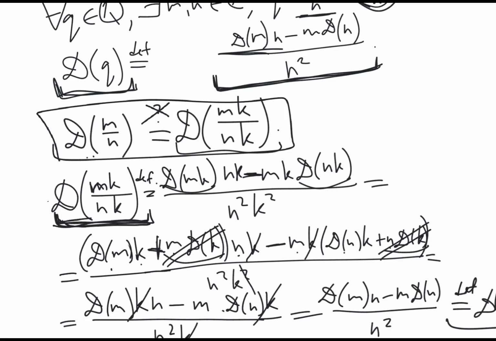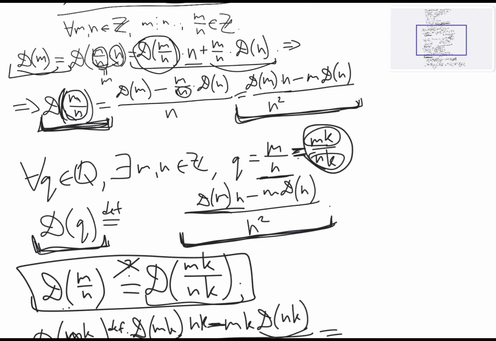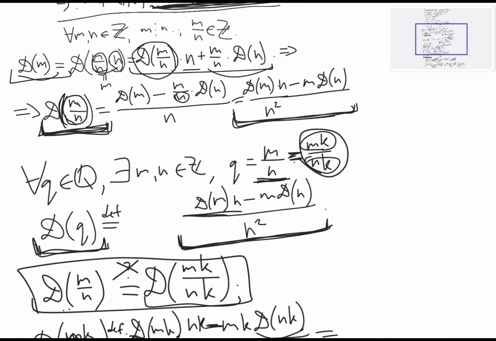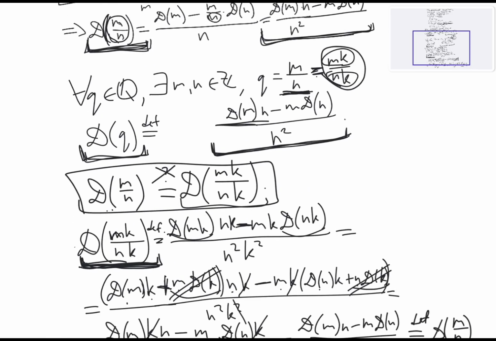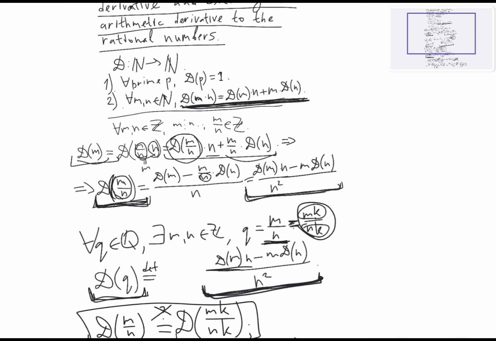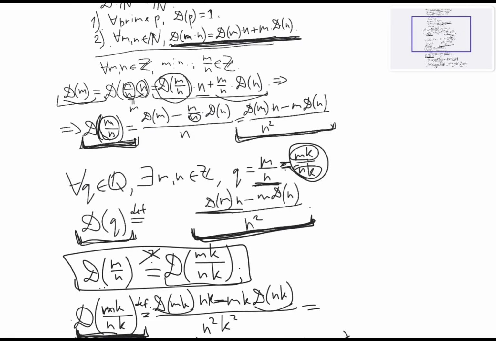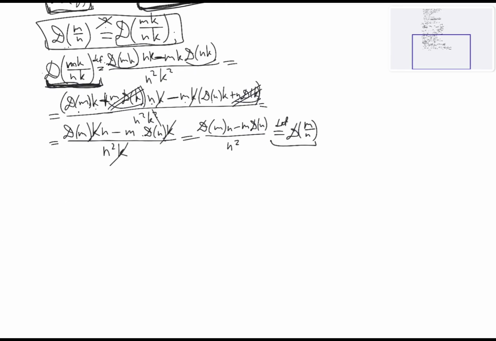Regardless of which representation of the rational number we pick, we would always get the same number when we define it this way. So that proves the correctness, and now we need to prove that the product rule still holds. So the product rule for rational numbers.